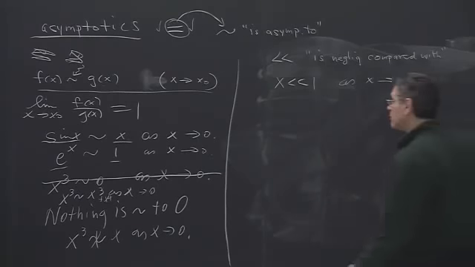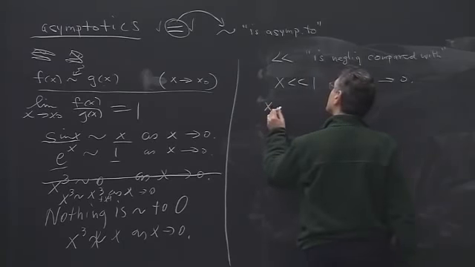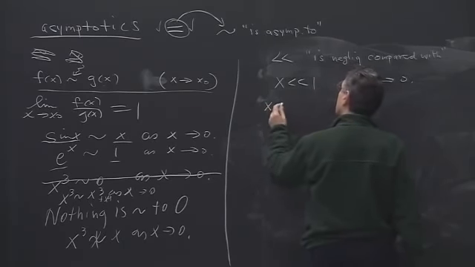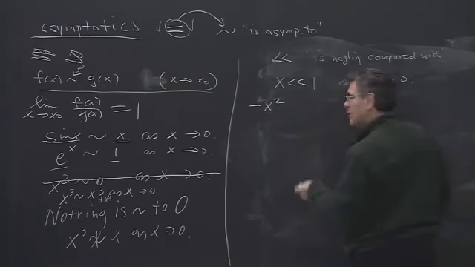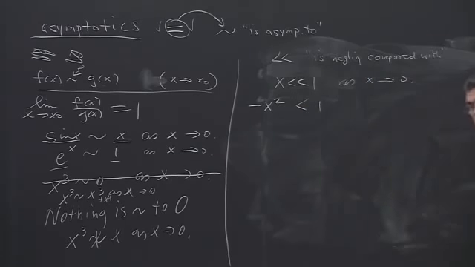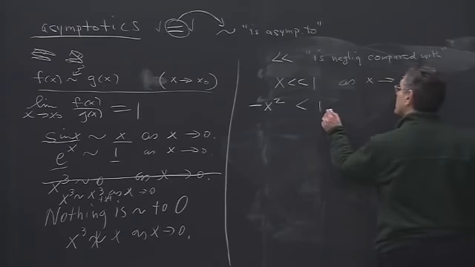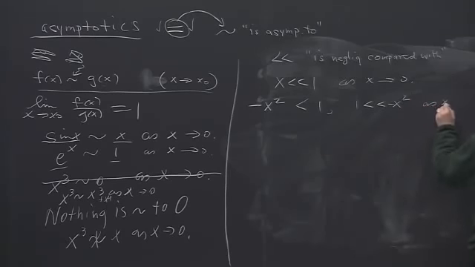Okay? So, for example, let's say minus x squared is less than 1. That's certainly true, okay, if x is real. Certainly less than 1. But 1 is negligible compared with x squared, or minus x squared, okay, as x goes to infinity. So what does negligible compared with mean?